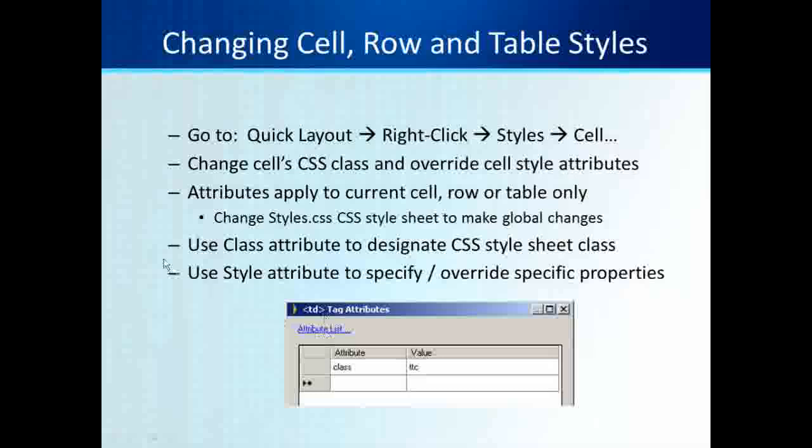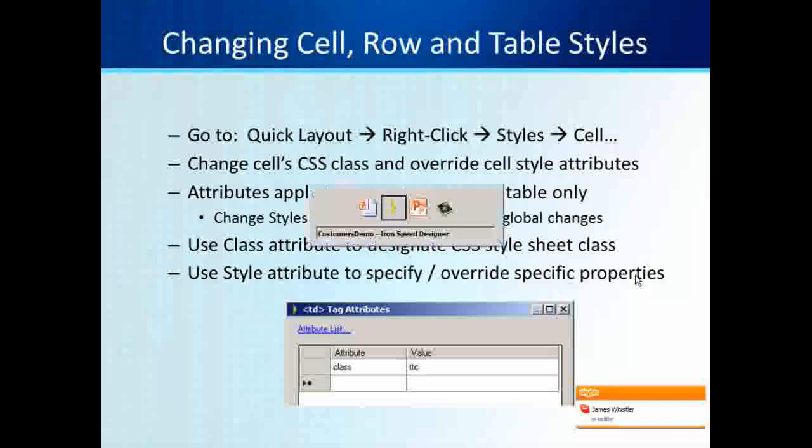Use class attributes to design, as you say, CSS style sheet class. The style attributes specify or override the specific property. This is very powerful because if you want to change certain elements in your application sporadically, you can create a reference in your style sheet and then come down here and reference it in the page.